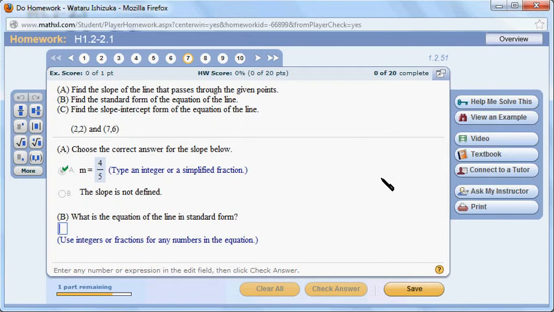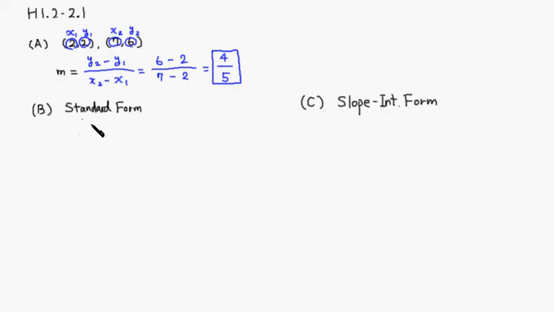All right, part B. What is the equation of the line in standard form? So go back to the paper. Since we already have a point and a slope, I'm going to use the point-slope form first. It goes like y minus y1 is equal to m times quantity x minus x1.